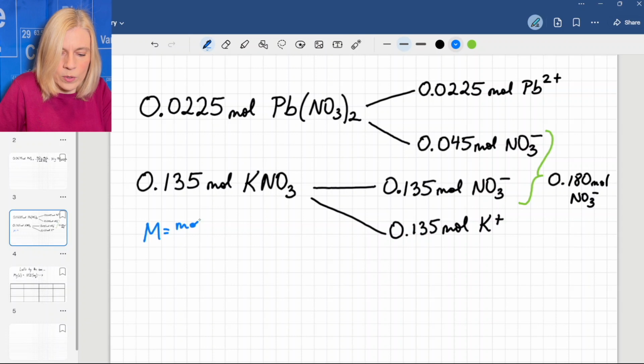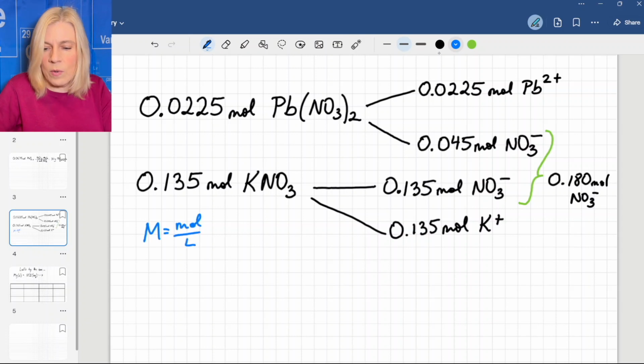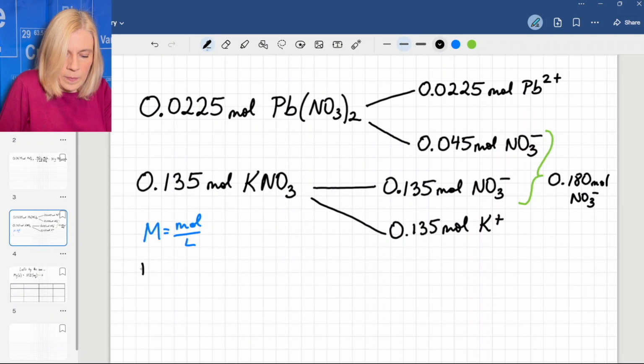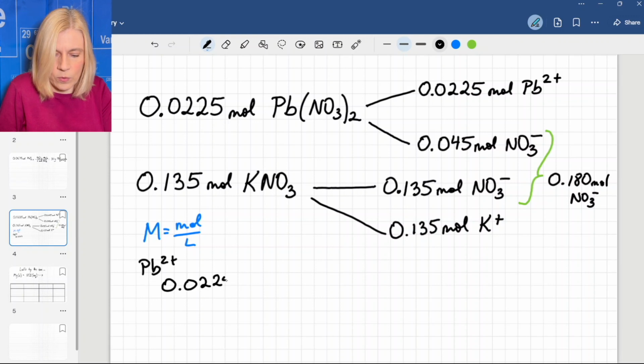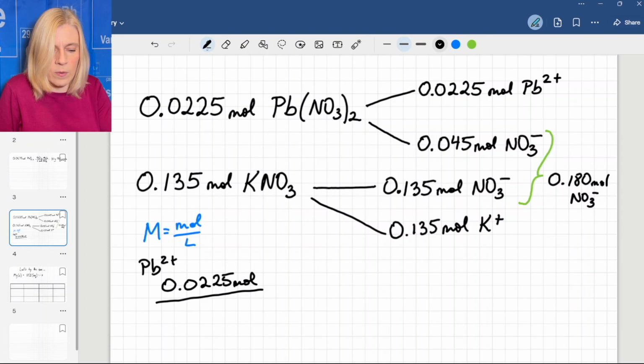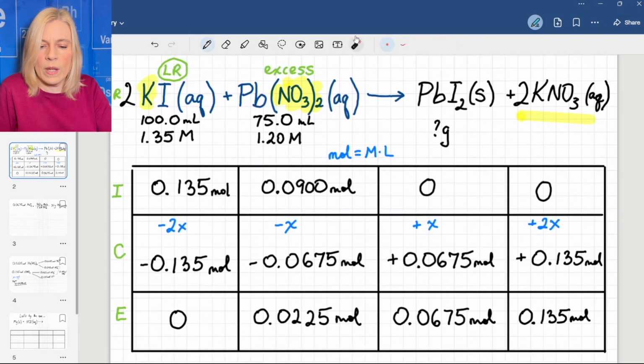Okay, so I have this many moles swimming, and remember my molarity, just really quick reminder, molarity equals moles per liter. So if I want to know my molarity of each separate ion, so lead, I'm going to have 0.0225 moles swimming in, well, what's the volume? Remember, I had 100 milliliters in one beaker, and they were added to 75 milliliters in another beaker, right?